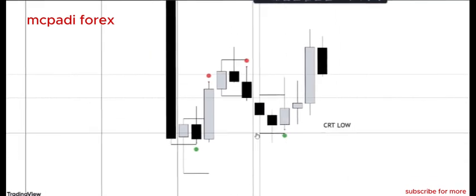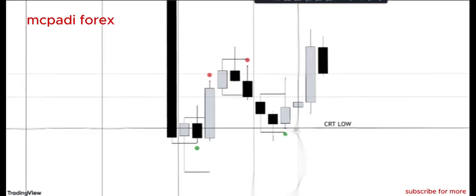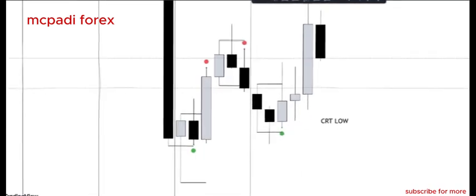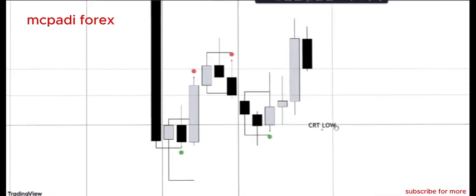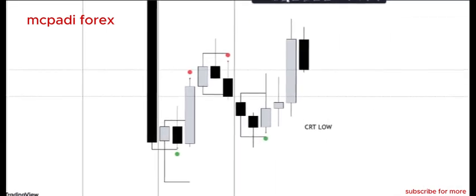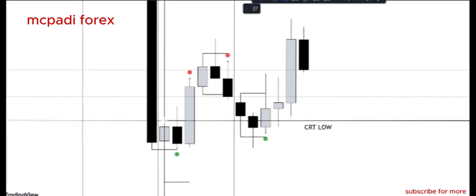So this Friday, from this line here to here is Friday, and on the 4 hour time frame, you can see that I have an order block here that was formed.